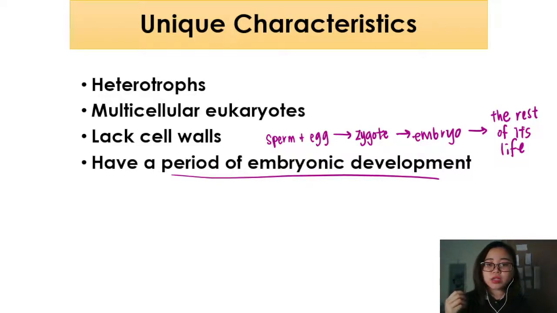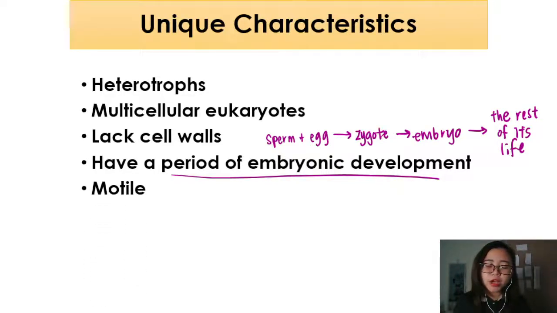So imagine when you were being fertilized and you became a zygote, you had to go through 9 to 10 months of gestation in your mother's womb as an embryo, as a fetus, before you were born, and then you can start your own life as an independent individual. So other animals will have this period of embryonic development as well, either in the womb, if it's a mammal, or in an egg, etc., etc.